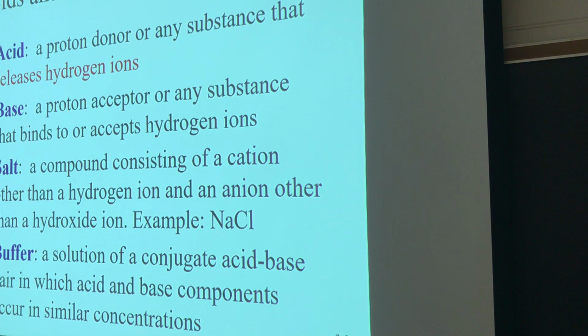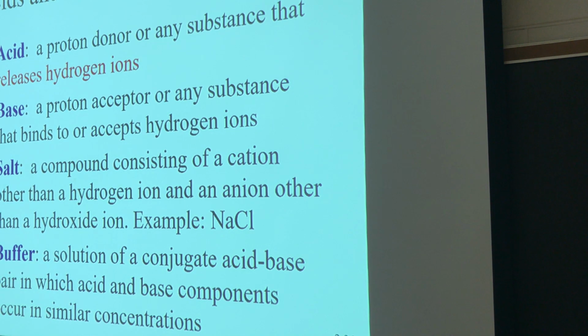When we see carbon dioxide being produced in our body, we have to get rid of that carbon dioxide. What do we do with the carbon dioxide and the water? We're going to turn it into this. This is carbonic acid.